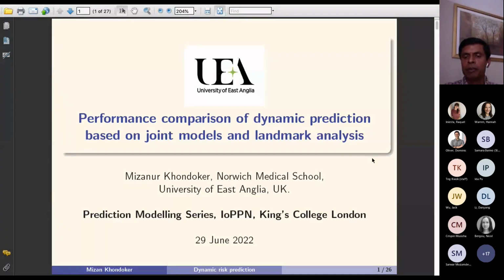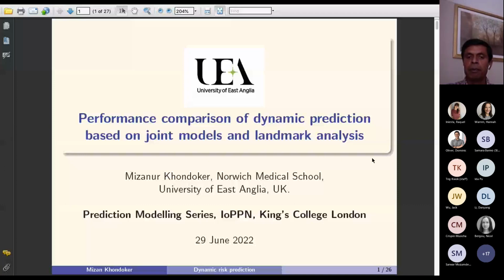I'll be using bootstrap simulation for the comparison, and I will explain during the talk the rationale for choosing a bootstrap simulation method. To be honest, this is purely a methodological exercise just to see which method performs better in simulated data.